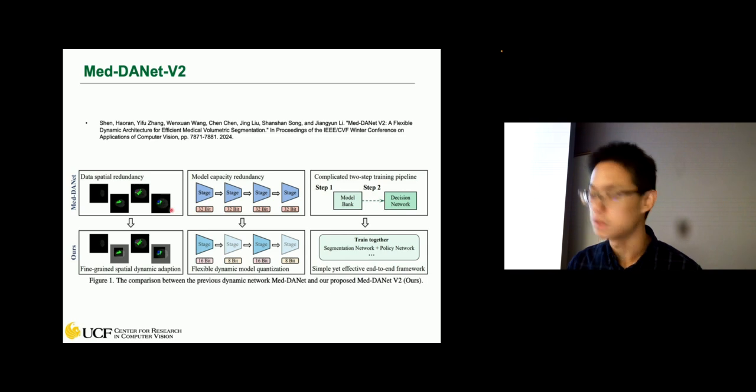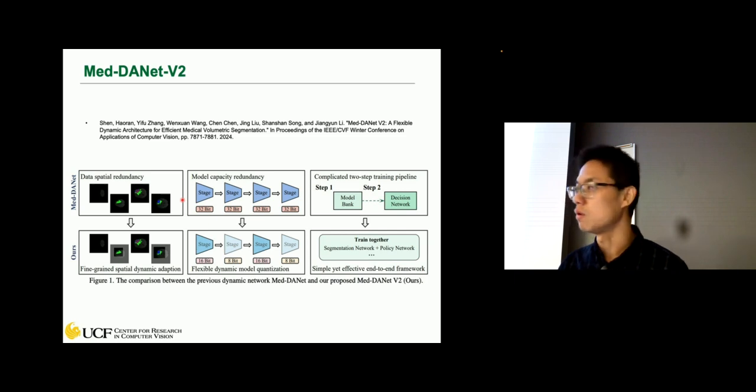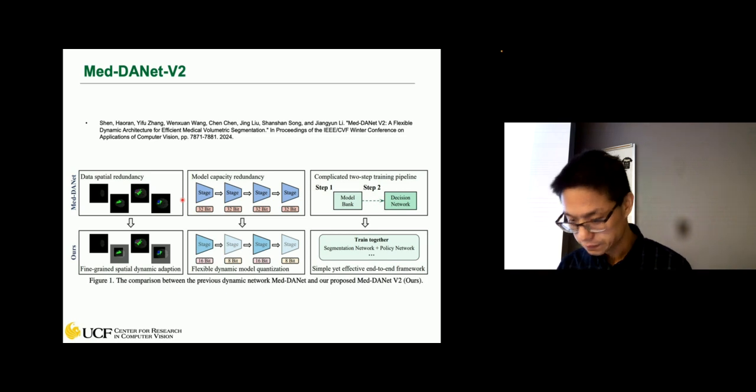So for the medical volumetric segmentation, right? We can take into account different slices, and there are different characteristics, right? So how you can intelligently apply maybe a smaller network to certain slices, or maybe a heavy network to some of the complex slices.